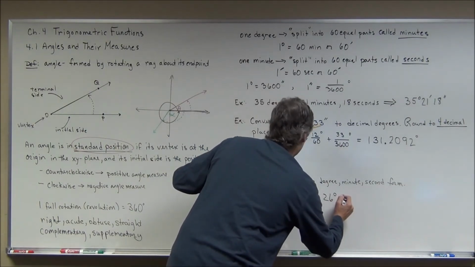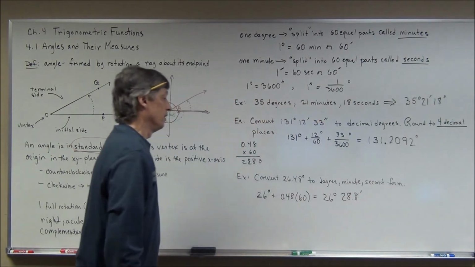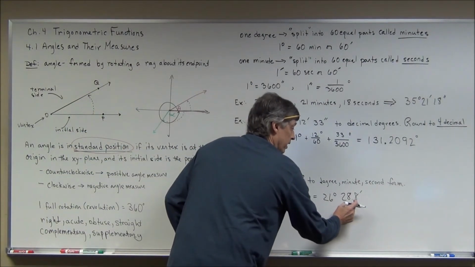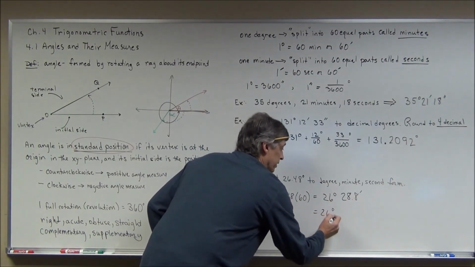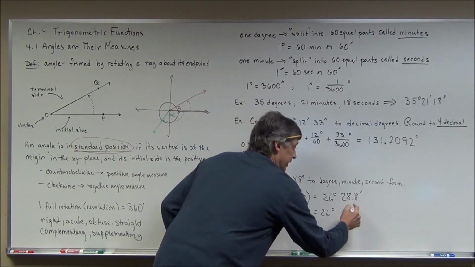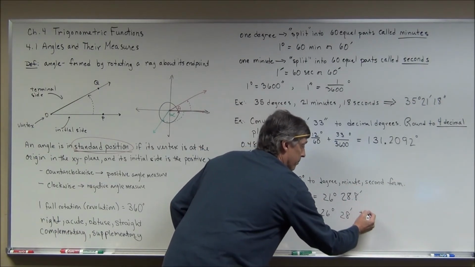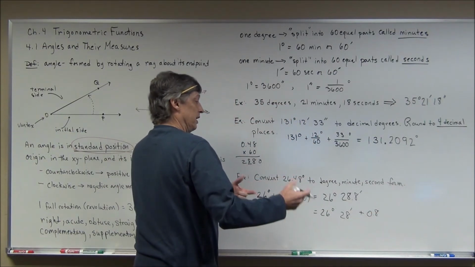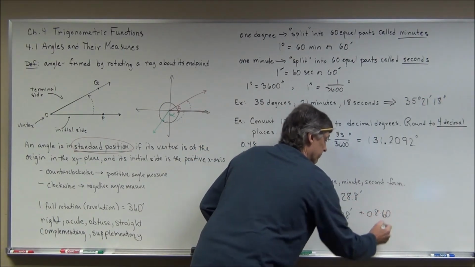plus 28.8 minutes. Well, I want it in degrees, minutes, seconds, and you can see I have a decimal part of a minute here, so now I'm going to change this to 26 degrees, 28 minutes, and I'm going to take this 0.8 and multiply it by, well, we know there's 60 seconds in a minute, and this is a decimal of a minute, so times 60.